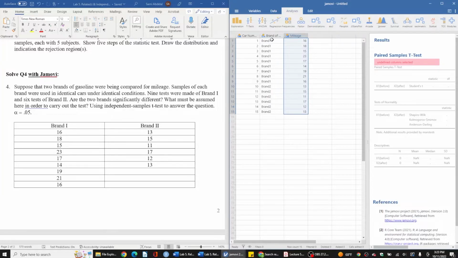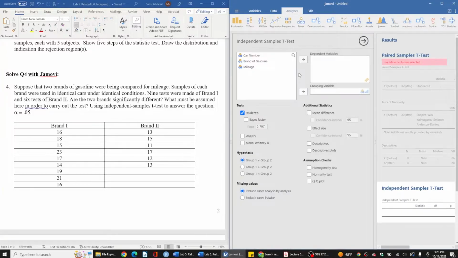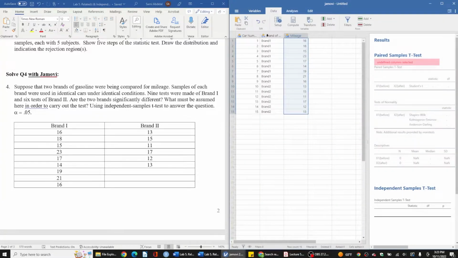Because you'll see in a second why. It's because we need some sort of a grouping variable. And if you were to just enter this in as is, Jamovi wouldn't know that you intend to group these variables. So the grouping variable that I've used is brand of gasoline, as you can see here.